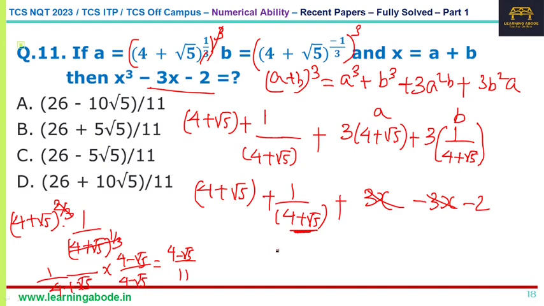So finally what you will have, 4 plus root 5 plus (4 minus root 5) by 11 minus 2, right. Now if you solve this, you will get answer option D. That's the answer for question number 11.